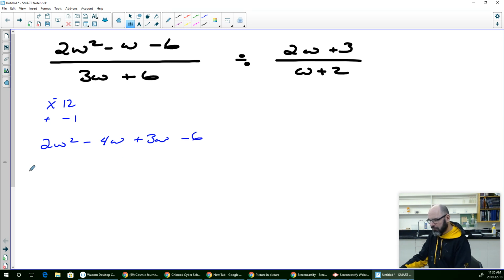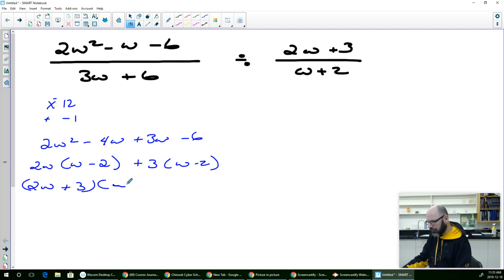So when I decompose it, I take out a 2w from the first two terms and get w minus 2. Then I take out a 3 here and get w minus 2. So when I factor this, I get 2w plus 3 times w minus 2. So that's our top factor, and we're going to use that on top now.